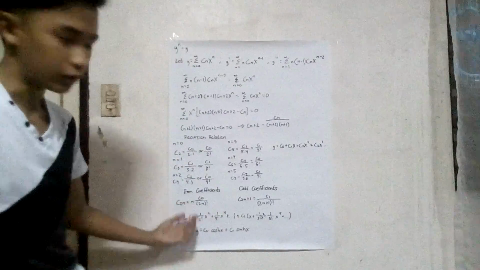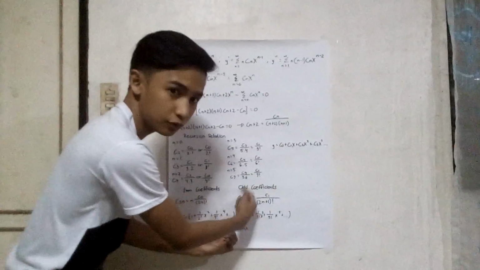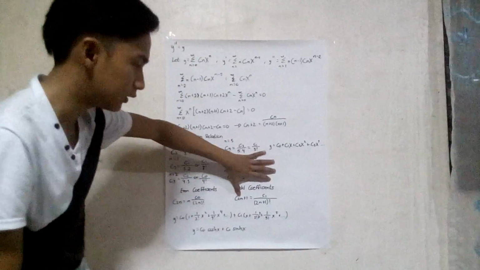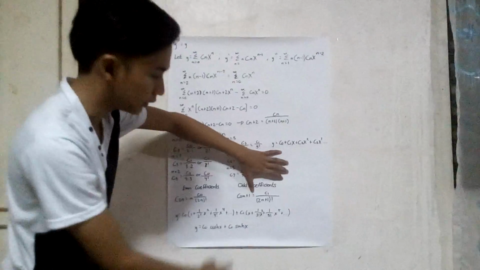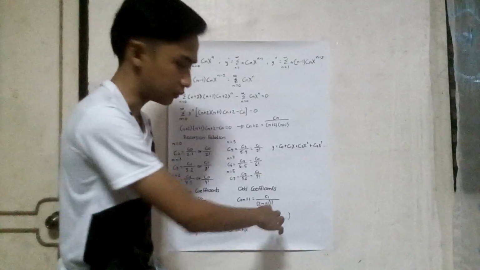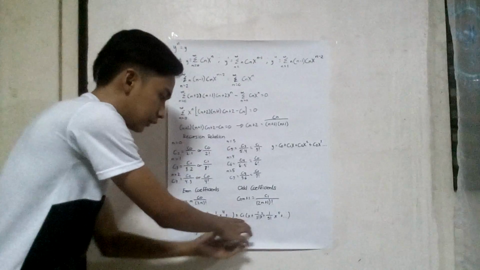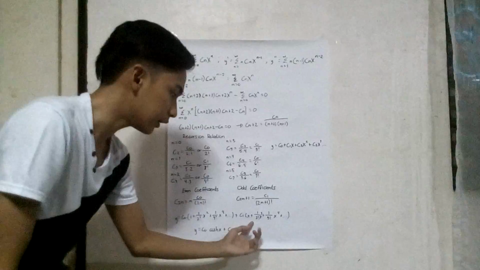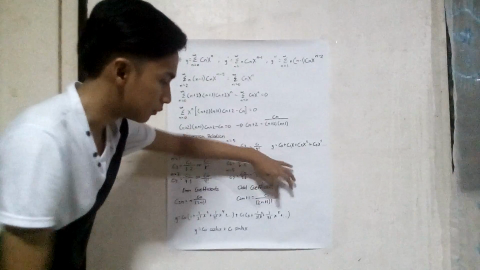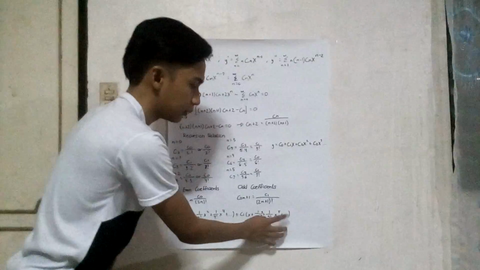And for the odd coefficients, c2n plus 1 equals c1 over 2n plus 1 factorial, giving c1 times x plus 1 over 3 factorial times x raised to 3 plus 1 over 5 factorial times x raised to 5, and so on.